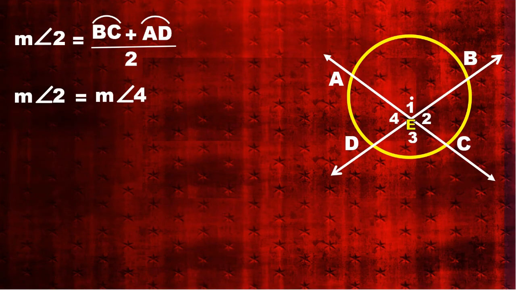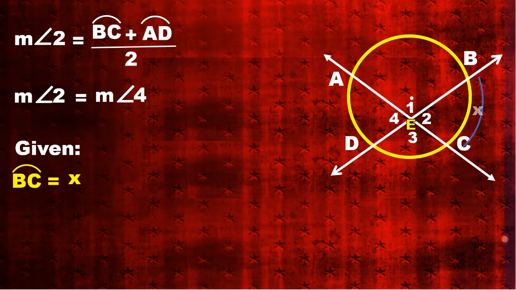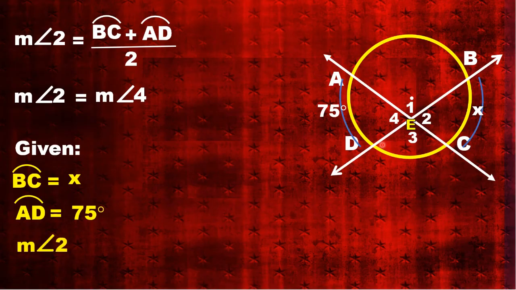Now, magbigay naman tayo ng example na hindi naman angle yung nawawala. Say, arc naman yung nawawala. Given, arc BC is x, so yun ang nawawala. Arc AD is 75 degrees. Angle 2 is given, which is 80 degrees. Now, ganun din yun. Isa-substitute lang natin yung mga values dun sa ating formula.